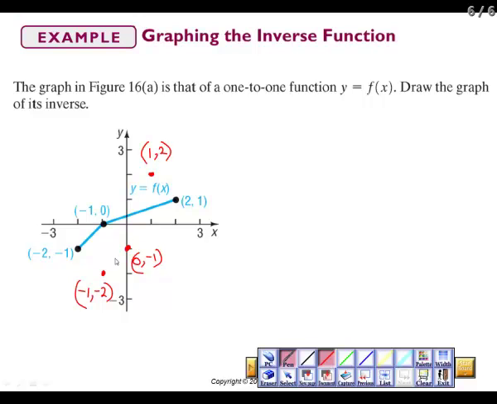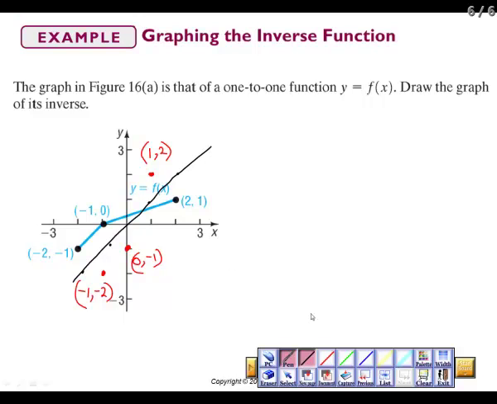Okay, so the axis of symmetry, I'm going to draw that in black. That's going to be negative 1, negative 1, negative 2, negative 2, 0, 0, 1, 1, and 2, 2. I don't have a ruler, so I'm going to draw this as straight as I can.